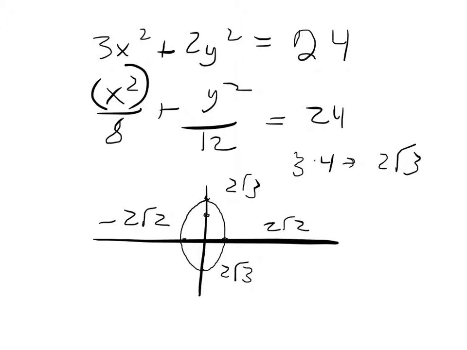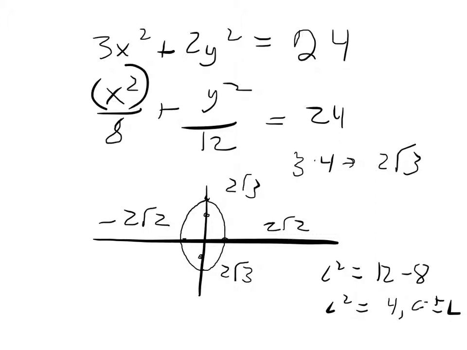I know my foci are on the y-axis, since my y-axis is the major axis, and using the relationship between 8 and 12, the coordinates of the foci come from c squared equals 12 minus 8, c squared equals 4, c equals plus or minus 2.